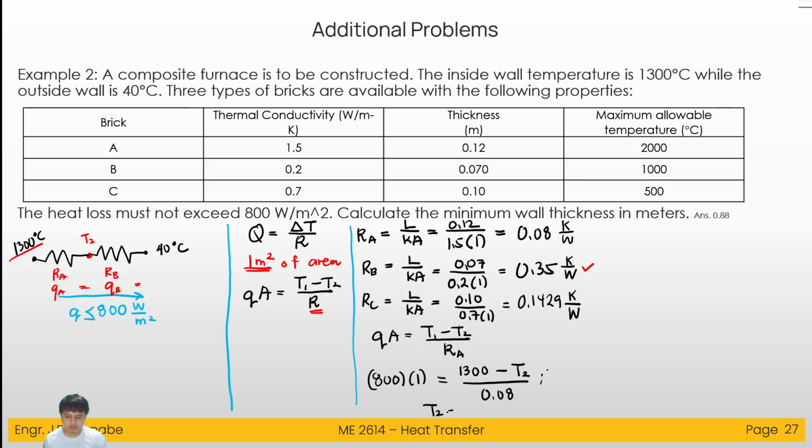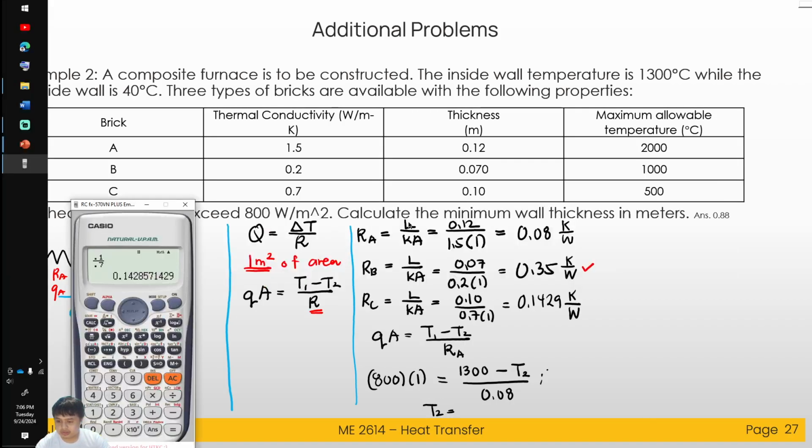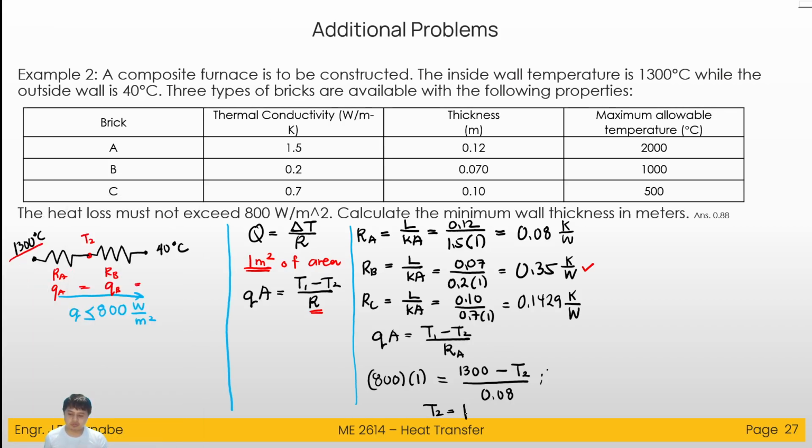The T2 will be, let's see, I'll just do this mentally. So 1,300 minus 800 times 0.08. As you can see, you have 1236 degrees Celsius. So the problem here is this is not correct.